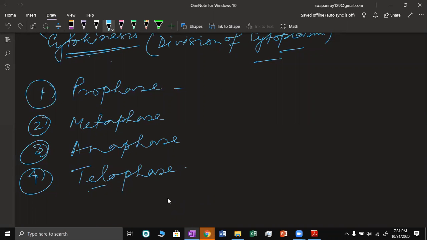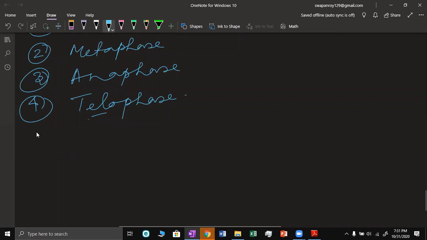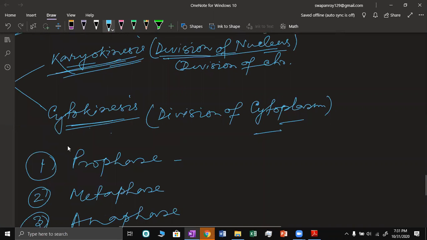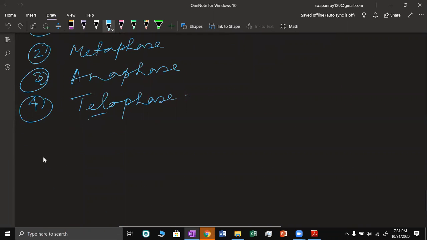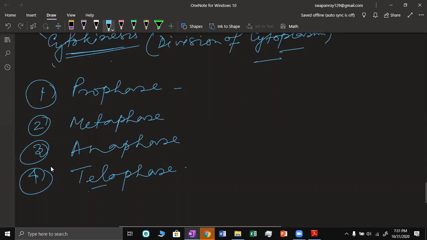This is at the end, and after that we will describe cytokinesis. So sometimes, when the cell cycle is not asked, the mitotic cell division is described as prophase, metaphase, anaphase, telophase, and after that cytokinesis is described.